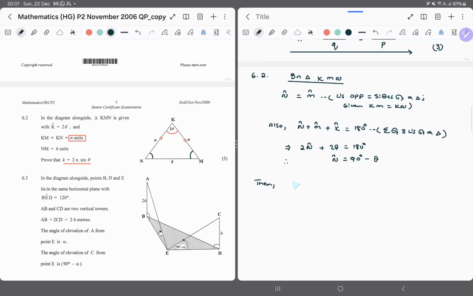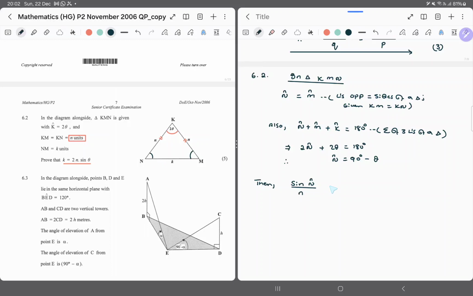We can say then, we know that technically we want the side k. So we can reverse, or we can write this ratio upside down. It doesn't matter. Or we can write it as we have just proven above. It's still not a problem. So we can easily say sine of n over the side opposite that angle.